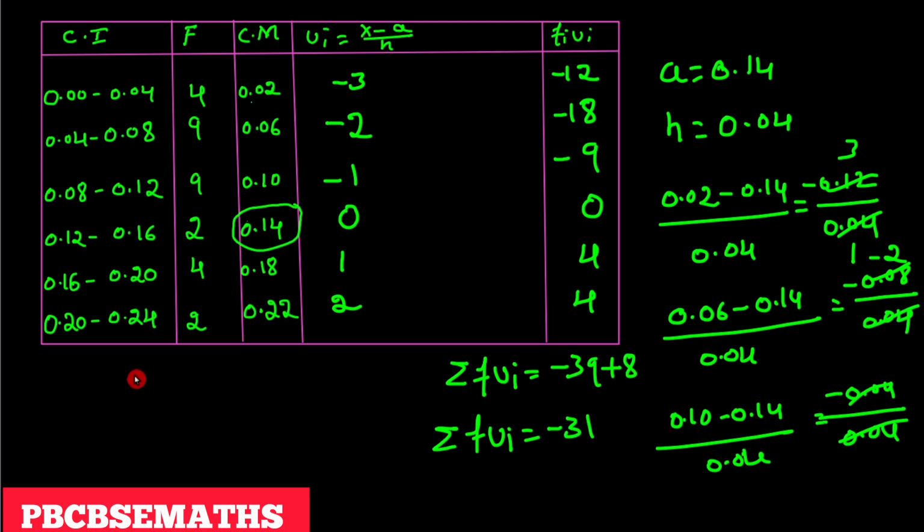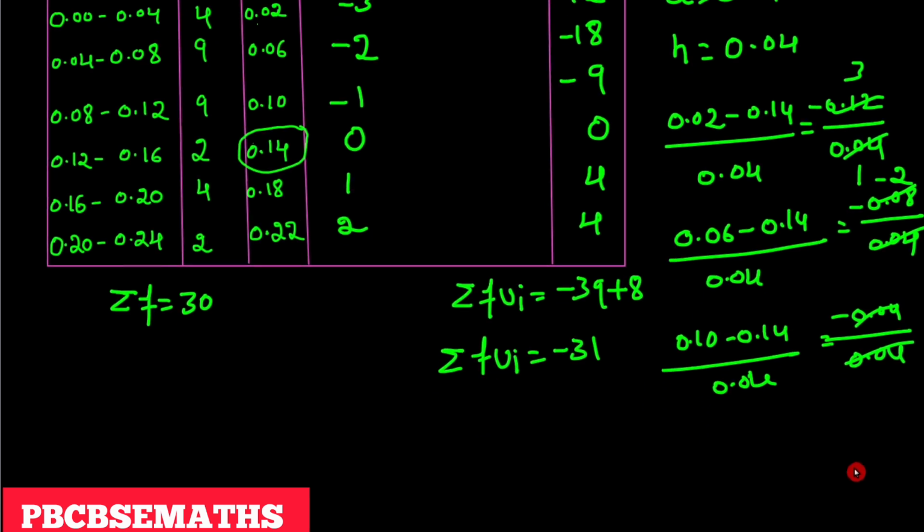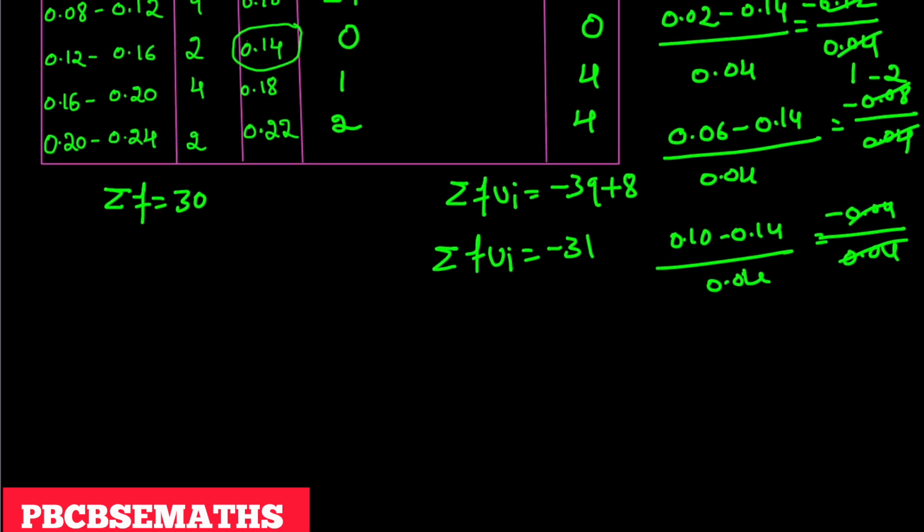In the same way, let's find out the summation of f also. 4 plus 9 is 13, 13 plus 9 is 22, plus 2 is 24, plus 4 is 28, plus 2 is 30. We got the value of the summation of f and the summation of f i u i. So let's find out the mean now.